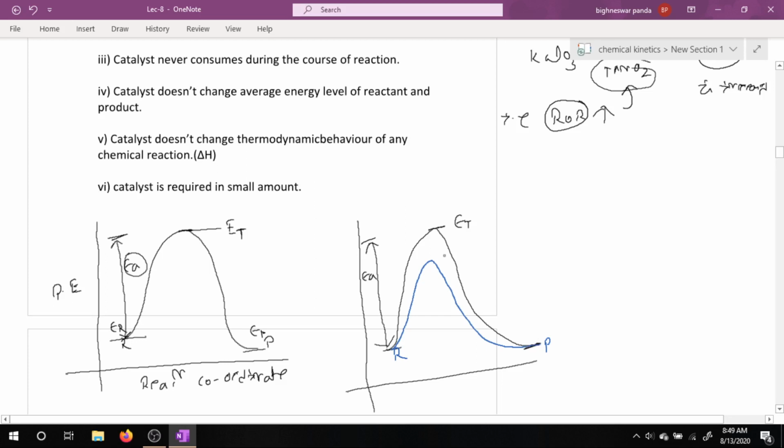In this path the threshold energy decreases, so this much amount of energy is required to proceed with the reaction. If the threshold energy changes, then the activation energy also changes, and this is the use of a positive catalyst.